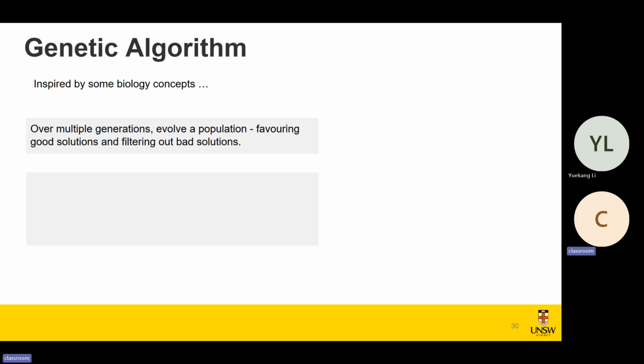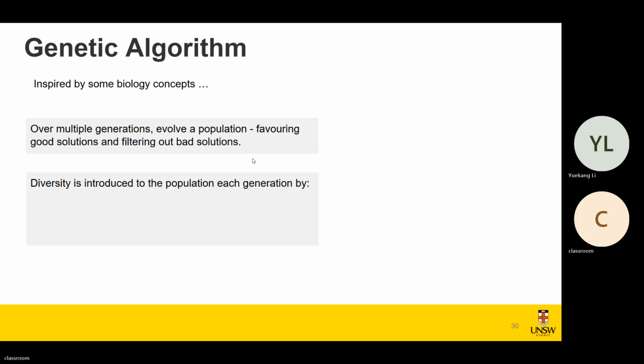The targets are actually the solutions or the test cases here. We favor the good solutions in each generation and filter out bad solutions in each generation. So this is the basic idea of genetic algorithm.